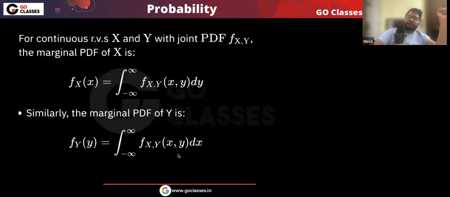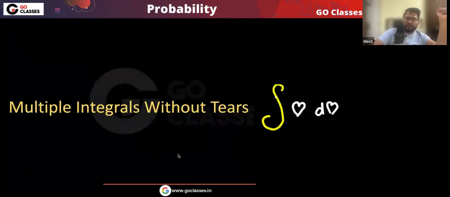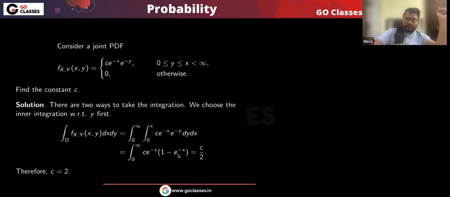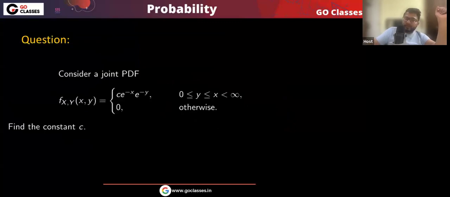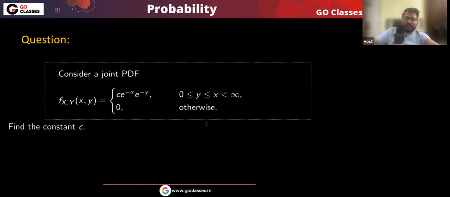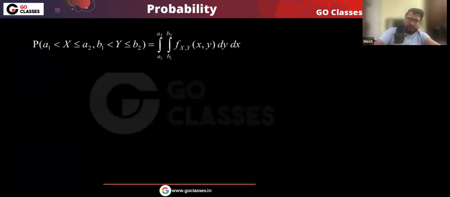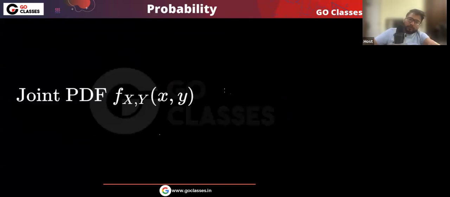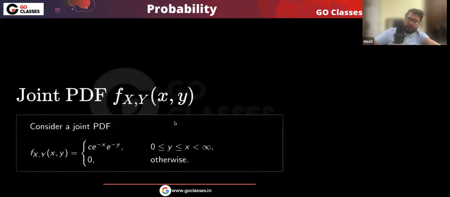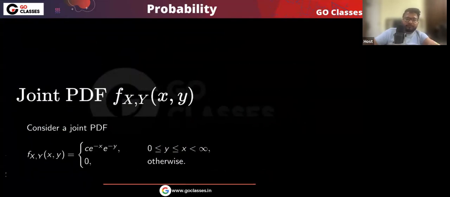For example, let me just show you an example of the joint PDF. So the joint PDFs will look something like this. It will be a function of x and y.